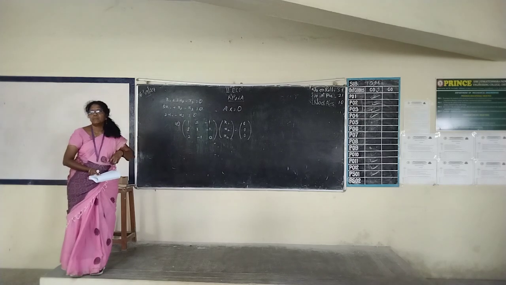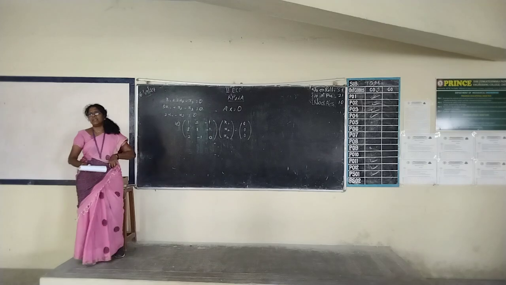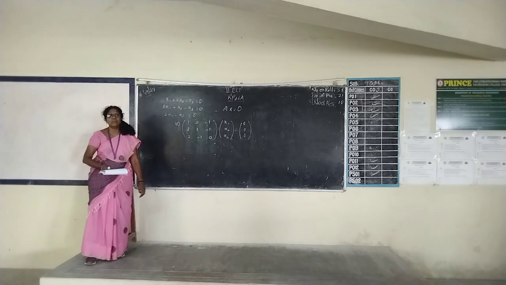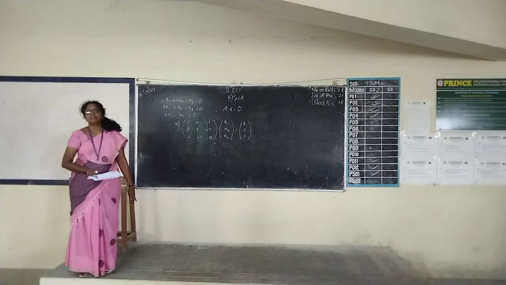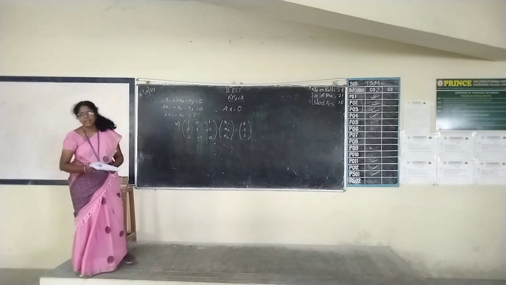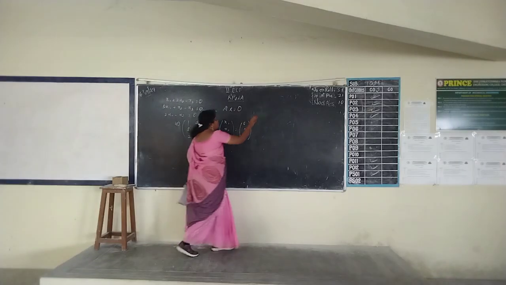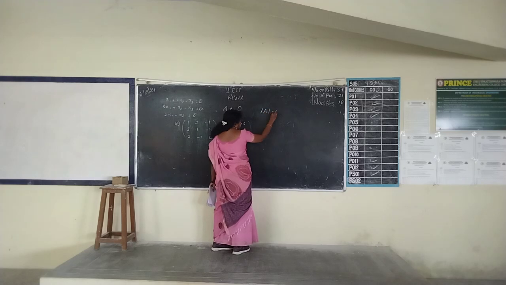Everyone getting 0? Or any other values? Are you sure about 0? Shall we continue? When it is solved, we get determinant of A equal to 0.